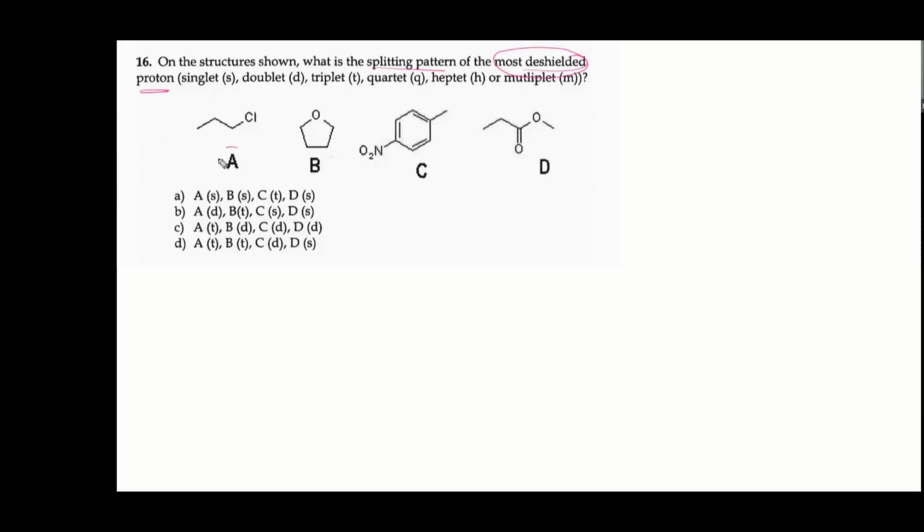For molecule A, the most de-shielded hydrogens are going to be those two hydrogens. What will be the multiplicity? Can somebody tell me, just for that molecule, what the multiplicity is going to be for this hydrogen?